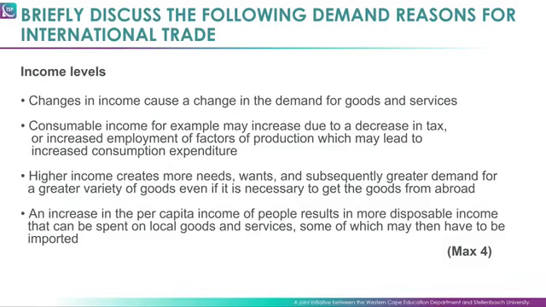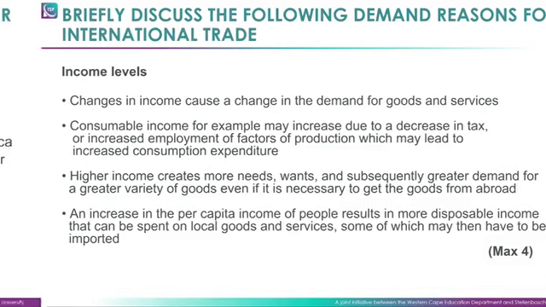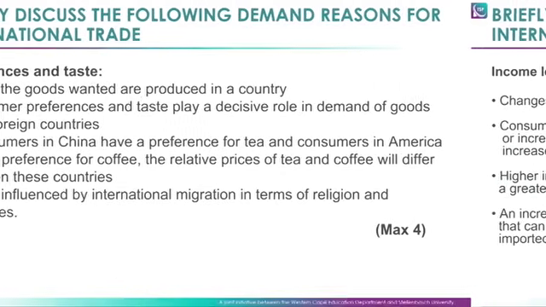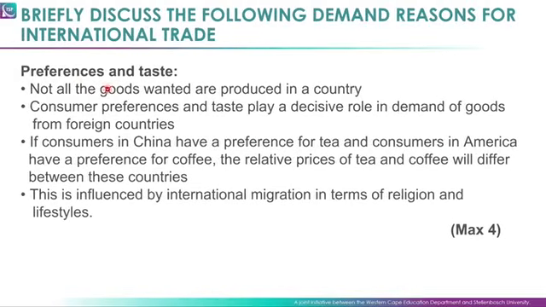And then the other reason that you need to discuss is preferences and tastes. Okay? So obviously, once again, only for 4 marks. Obviously, the answer that I'm giving you is what we call a memo answer. It's got to give you all the possible answers, but we only need 2 points from here. Okay.